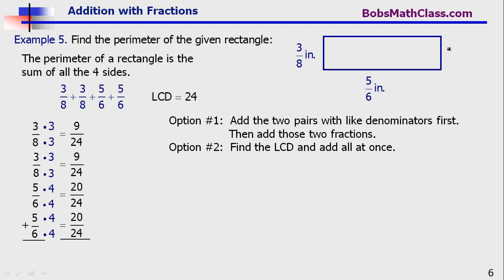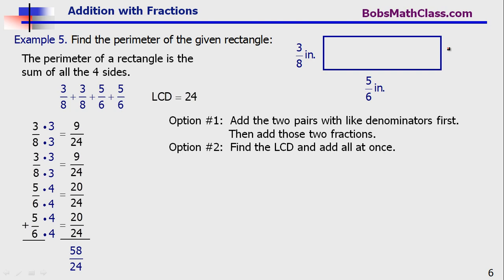So we have 9 24ths, 9 24ths, 20 24ths, and another 20 24ths. What do we get when we add all those 4 numerators? 18 and 40, looks like 58.